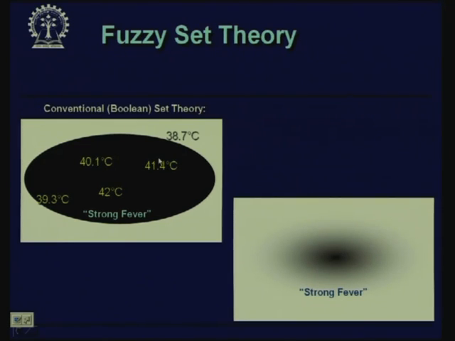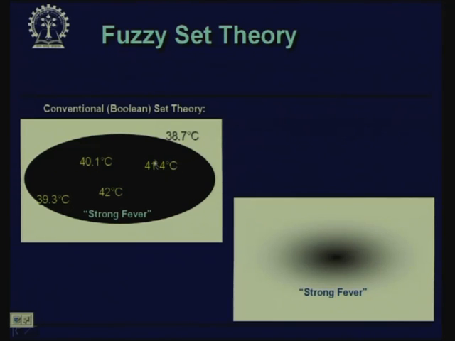So, here you see 40.1 degrees Celsius is certainly strong fever, 41.4 degrees is strong fever, 42 is strong fever, and 39.3 is strong fever, and 38.7 goes absolutely out of this set.